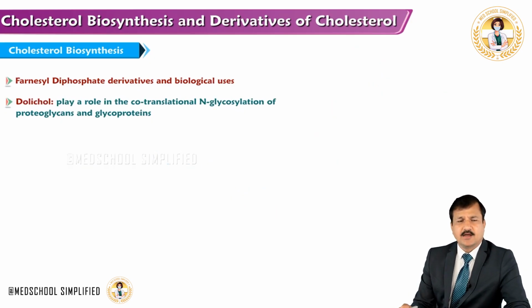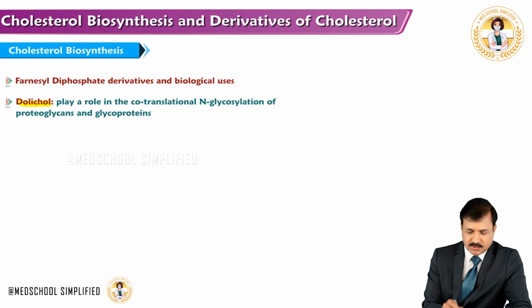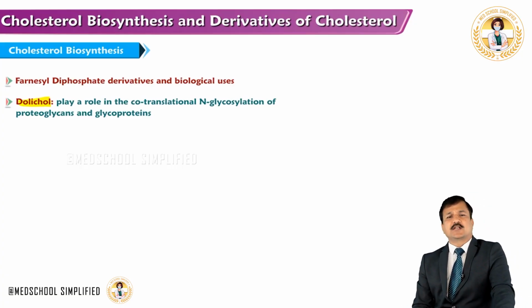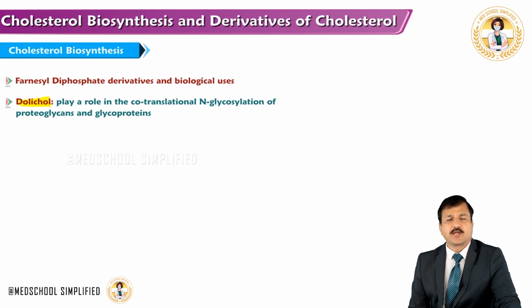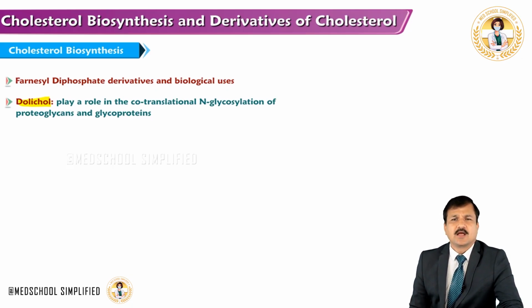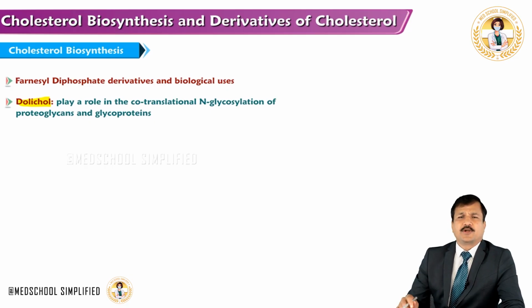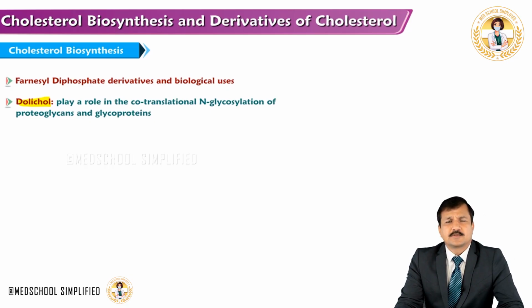As I said before in the previous slide, dolichol also plays a role in post-translational N-glycosylation of proteoglycans and glycoproteins. Almost every protein in our cell or plasma is a glycoprotein, with very few exceptions.